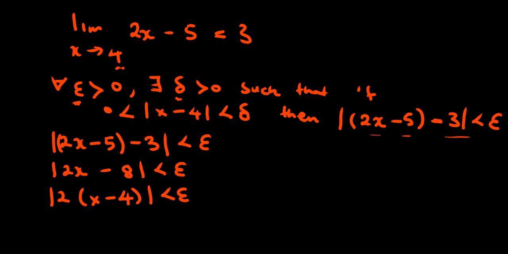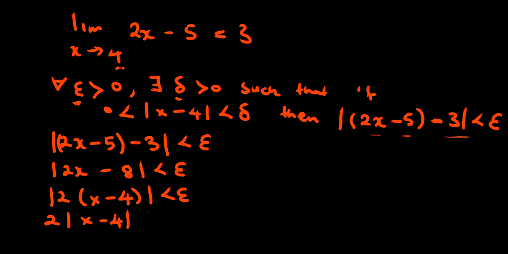Since this is multiplication here, 2 is multiplying throughout with all this, and by the rules of modulus, I can move my 2 outside there, and I will be left with x minus 4 in the modulus there.